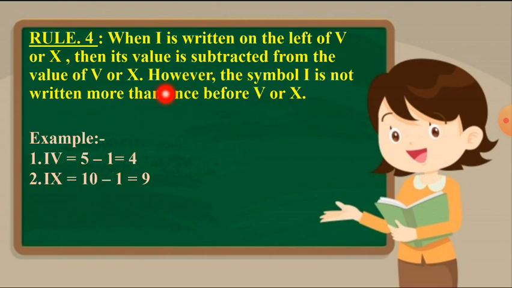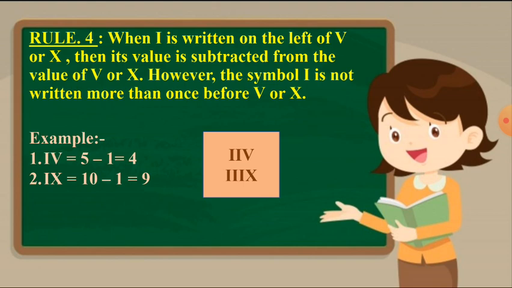So according to the rule, if there is I before X, we have to subtract it. So the value of X is 10 and the value of I is 1. So 10 minus 1 is equal to 9. So how will you write 9 in Roman numerals? I and X. Understood, students? The fourth rule.